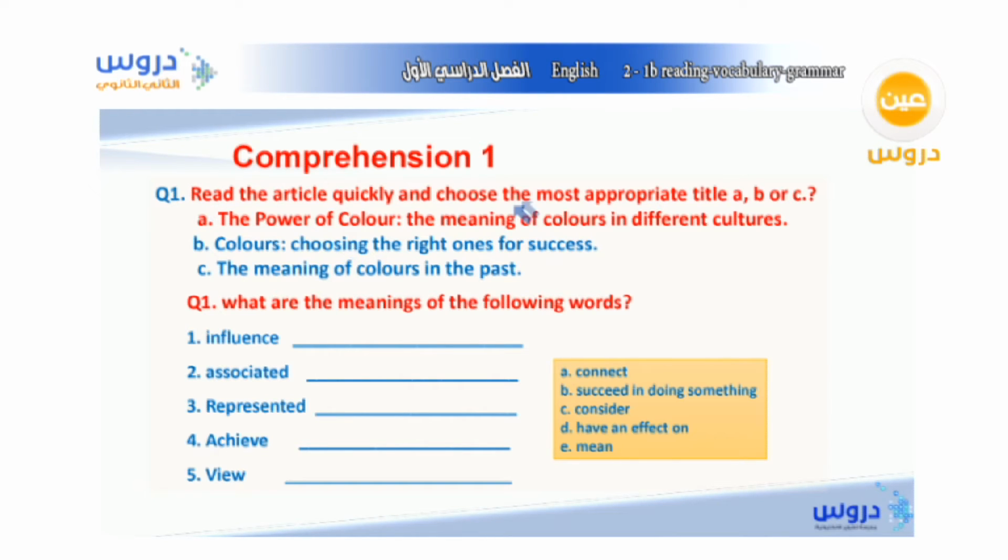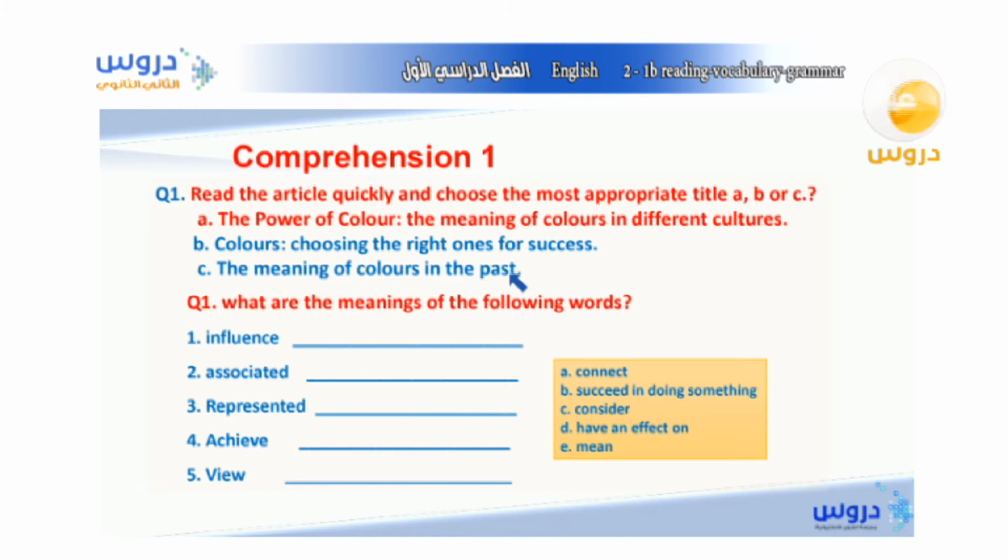The first question is, read the article quickly and choose the most appropriate title, A, B, or C. So we have A, B, and C. A: the power of color, the meaning of colors in different cultures. Or B: colors, choosing the right one for success.